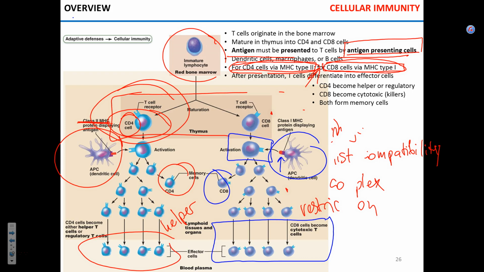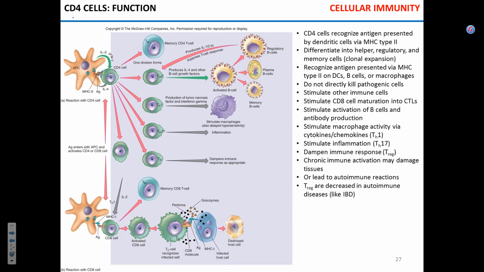So far, you got it? Now, turns out that class 1 MHC molecules can be found only on antigen-presenting cells. And this is what happens.